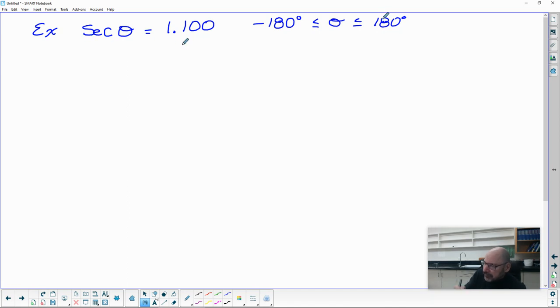So the first thing we've got to do is change the secant into a cosine. This is the one extra step you have to do when you have a reciprocal identity. First thing you do is change it to a primary. So step one, we're going to change that to a primary.